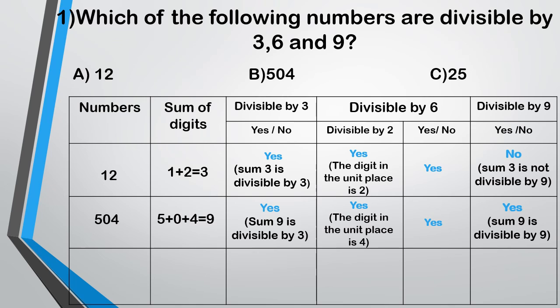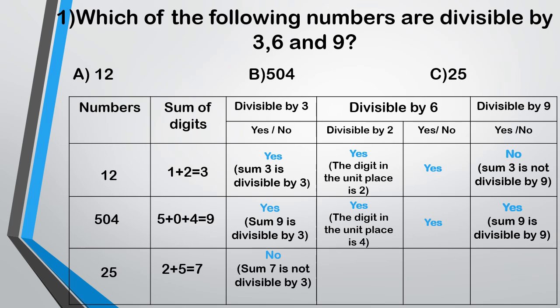9 ones are 9. So yes, the sum 9 is divisible by 9. Now look at the next sum, 25. We find the sum of digits. 2 plus 5 is equal to 7. We check whether 7 is divisible by 3 or not. 3 ones are 3, 3 twos are 6, 3 threes are 9. So 7 is not divisible by 3.